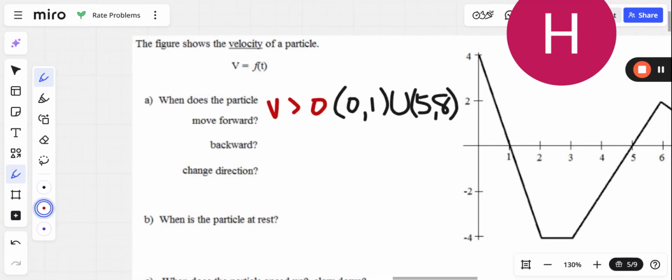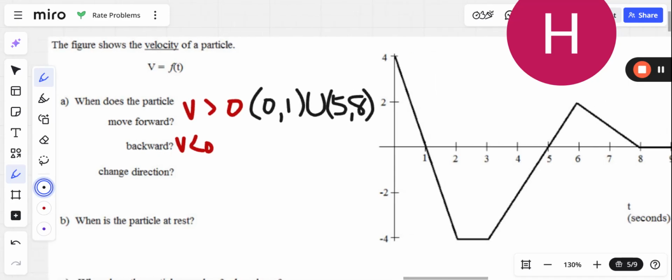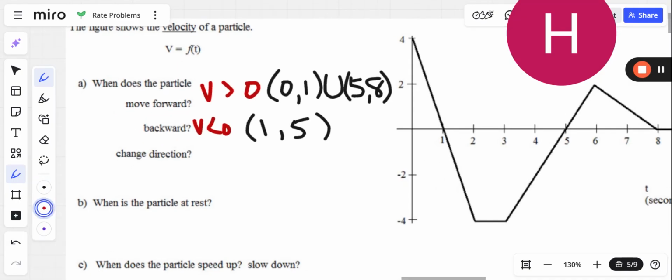When is it moving backwards? That's when v is less than 0. So that's going to be covered when t goes from 1 to 5. And it changes direction, so we can say positive to negative, or negative to positive.